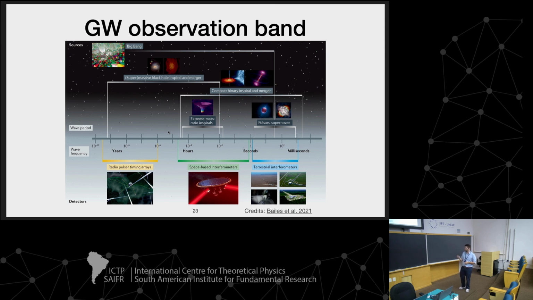So if you want to look at compact binary inspirals and mergers, you need terrestrial interferometers that are sensitive to these sources. And of course, if you want to look at more massive systems, for example mergers of supermassive black holes, the dynamical frequencies decrease, so you need to go to space, for example with the LISA interferometer.